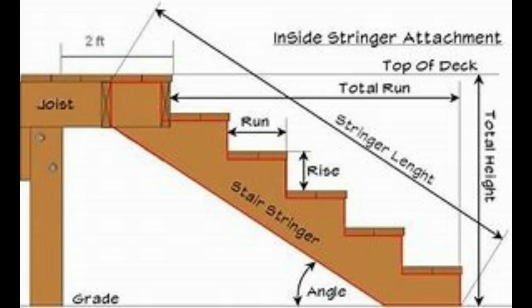To calculate the number of risers, divide the total rise by the maximum rise. To calculate the unit rise, divide the total rise by the number of risers.